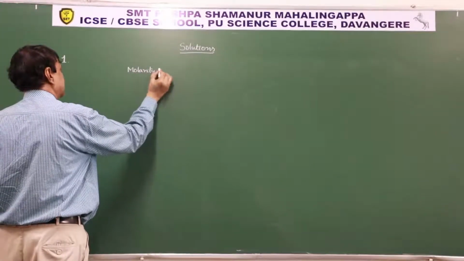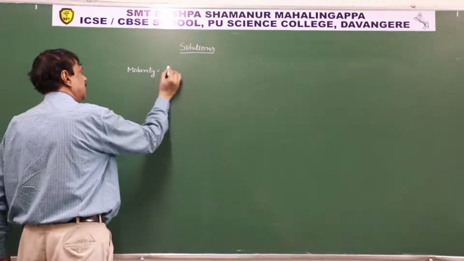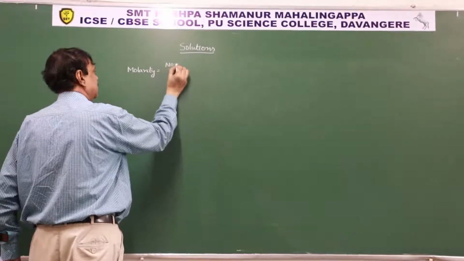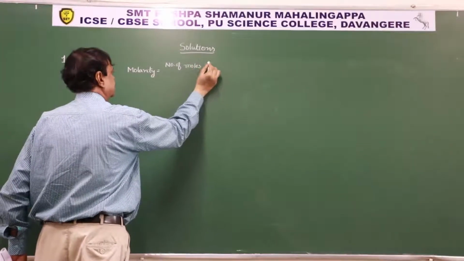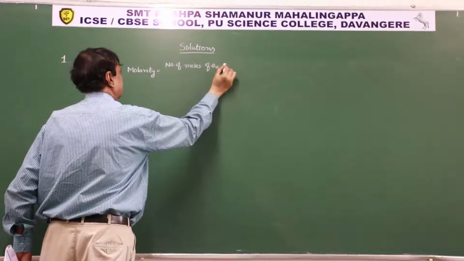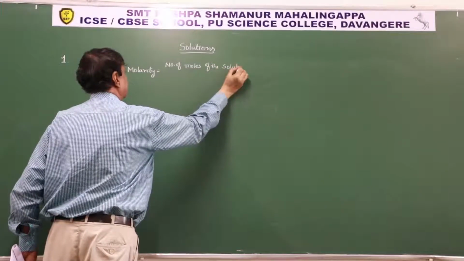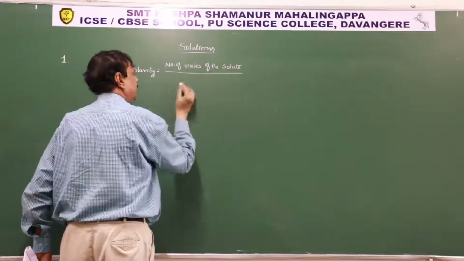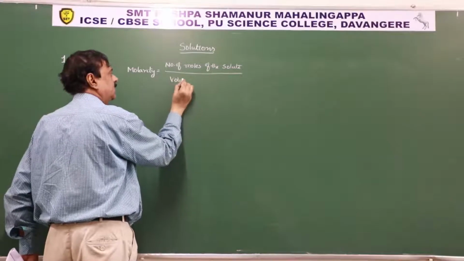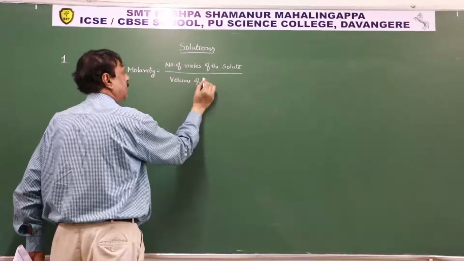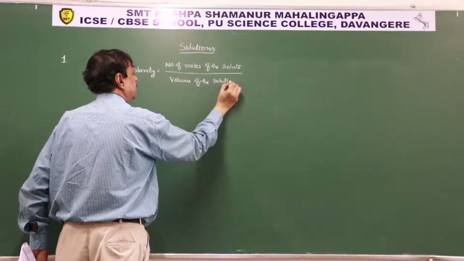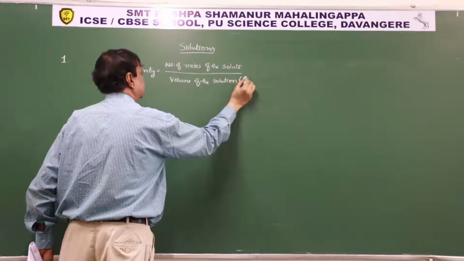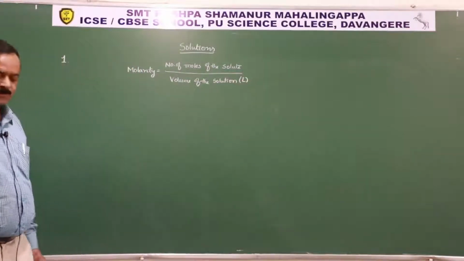Molarity of the solution is given by the number of moles of the solute divided by the volume of the solution in liter.